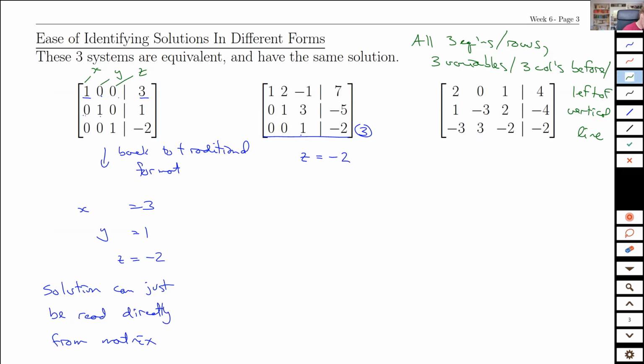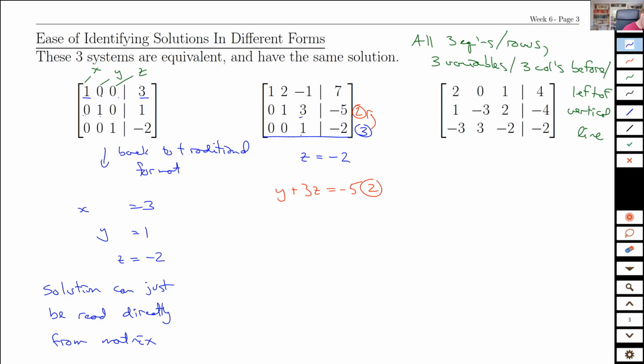And then we can go back up to the next equation, equation 2. Once we know what the value of z is, then we have an equation that only involves y and z. Oh, so let's take a look at that equation. That's y plus 3z equals -5. That's equation 2. Actually, let me erase this for a second. We'll do it all in red. That's y plus 3z equals -5.